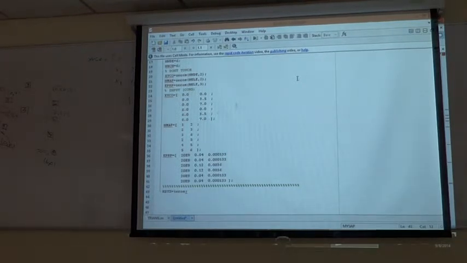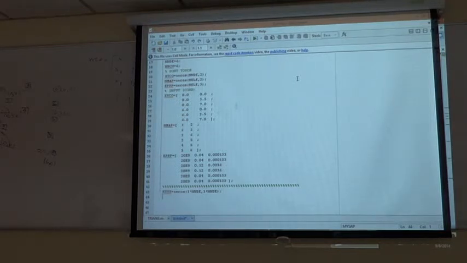Okay, so we have in total 6 nodes. We have 3 multiplied by NNDE, so 3 displacement degrees of freedom at each node. And you have 6 nodes, so that turns out to be the size of the system.